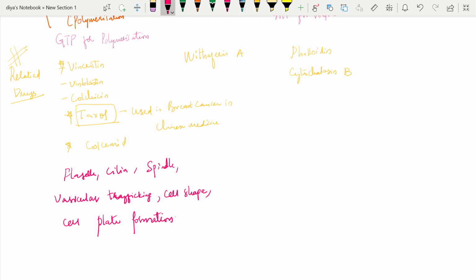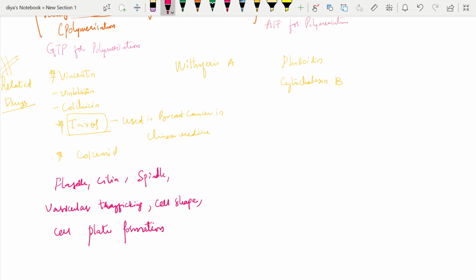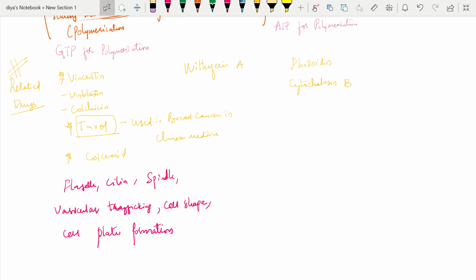And the intermediate filaments are found to form the cytoplasmic framework. And second, they form the shape of organelles.